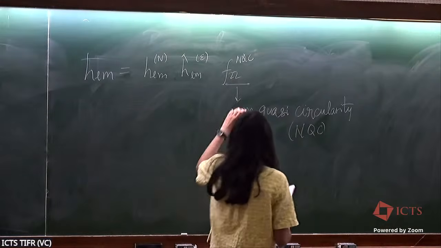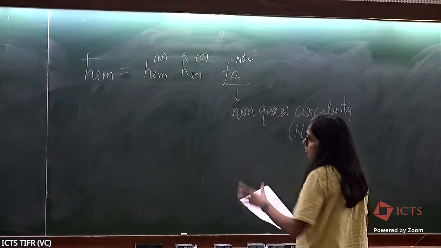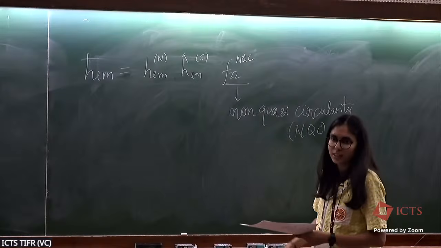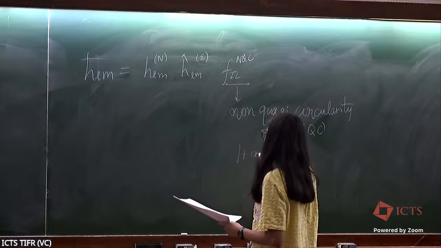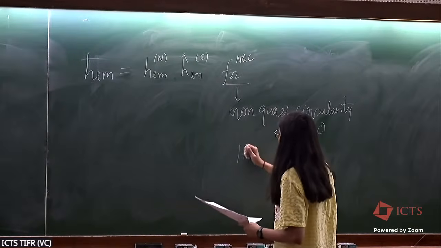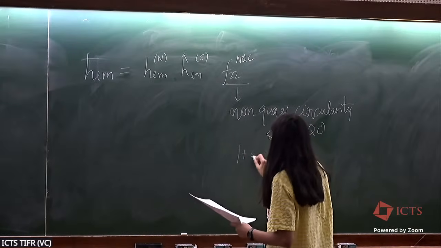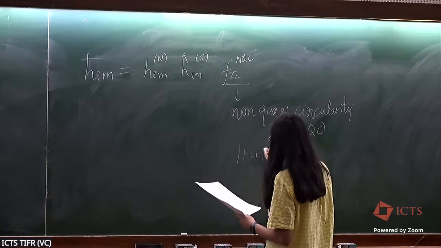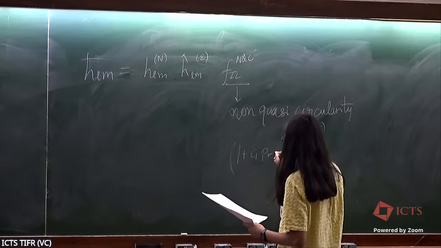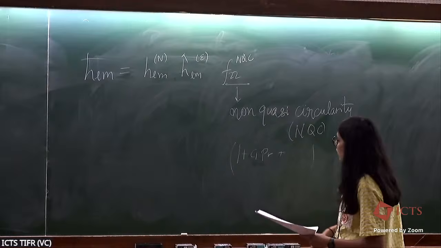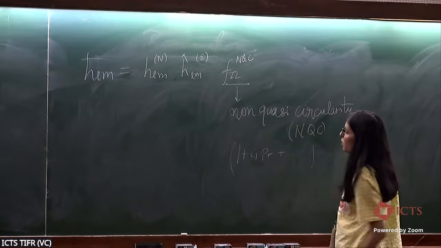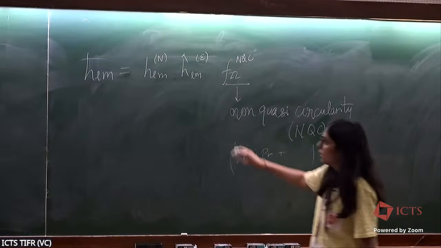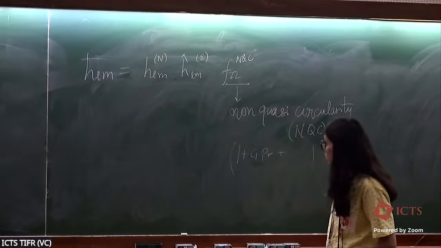And we consider an ansatz for this because we do not know this term. So we say that this term is like 1 plus some parameter, let's say C1, which is an unknown and is dependent on PR, and all these things. And we try to find this non-quasi-circular parameter by fitting this waveform that we obtain with numerical simulation.